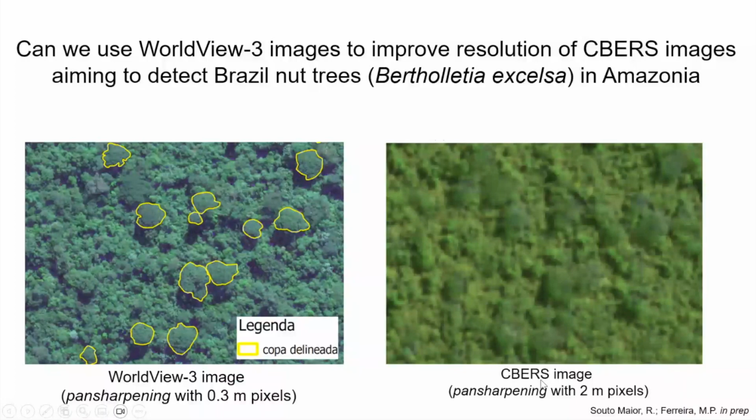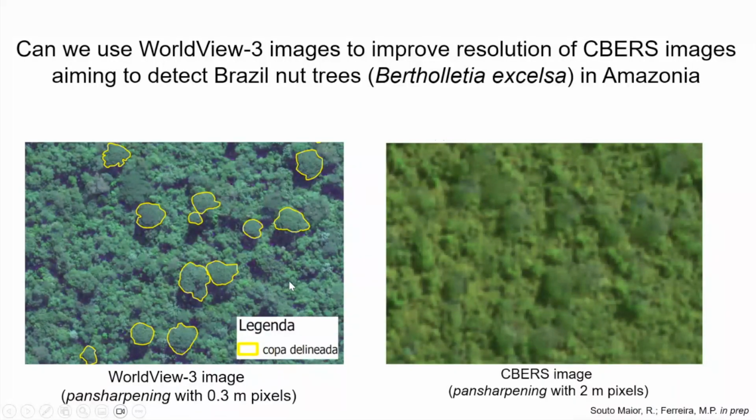CBERS is a China-Brazil satellite, and it has a panchromatic band of 2 meters. Here we can see a pan-sharpened view with 2 meters of the same area, and we can barely see the Brazil nut trees. So we investigated the possibility of improving the resolution of the CBERS images using the WorldView 3 images.